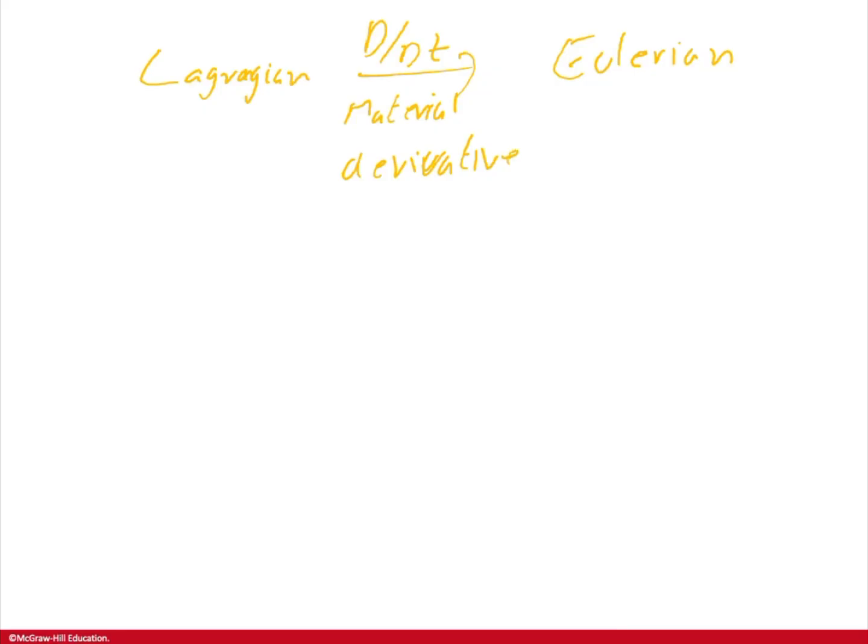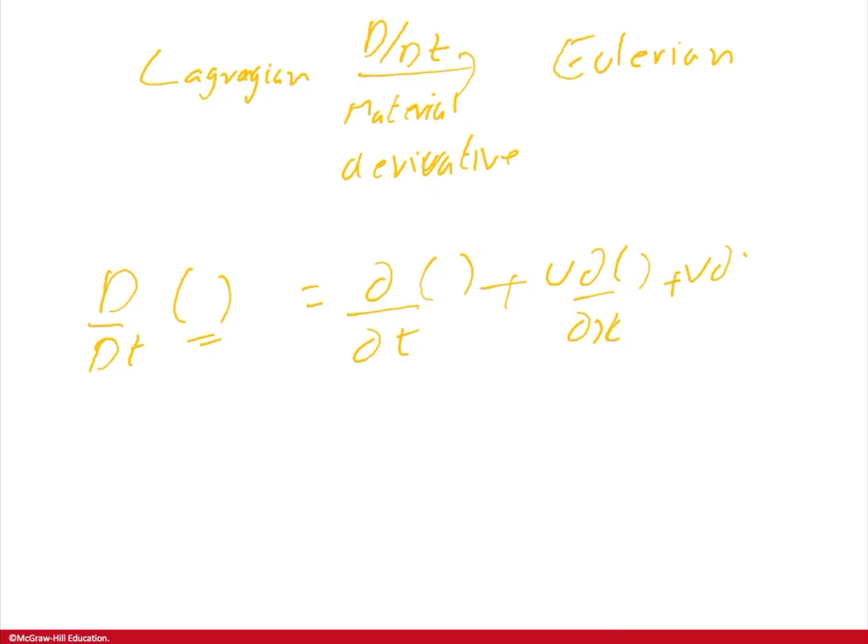And this D/Dt is essentially a shorthand for this expression, or this complete expression is given as this, right? So depending on what variable you have, it depends on whichever quantity or variable you're operating on, you can use this operator.